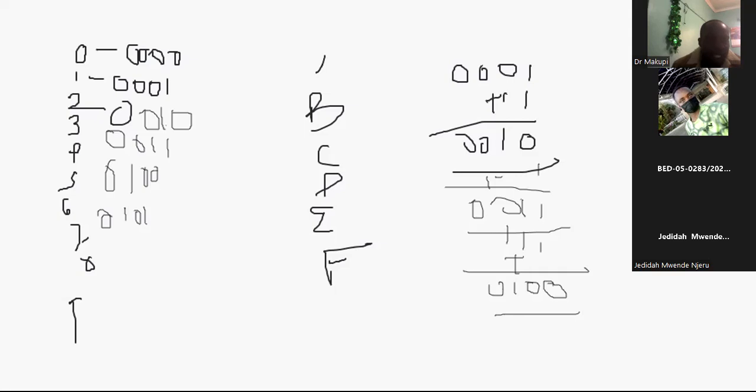You can figure out how you want to do this. You can follow a pattern, or whichever formula you want, as long as you are able to generate this table.